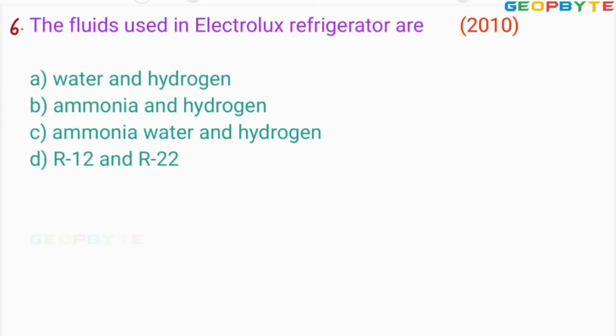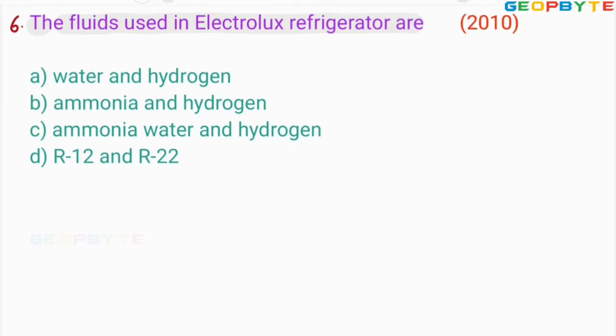Look at the sixth problem. The fluids used in Electrolux refrigerator are. Dear friends, remember, Electrolux refrigerator is a kind of vapor absorption refrigeration system.